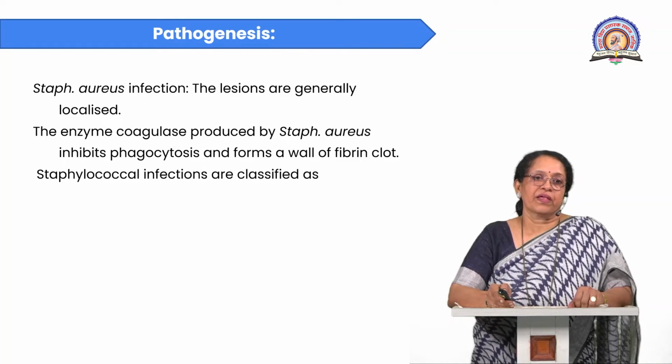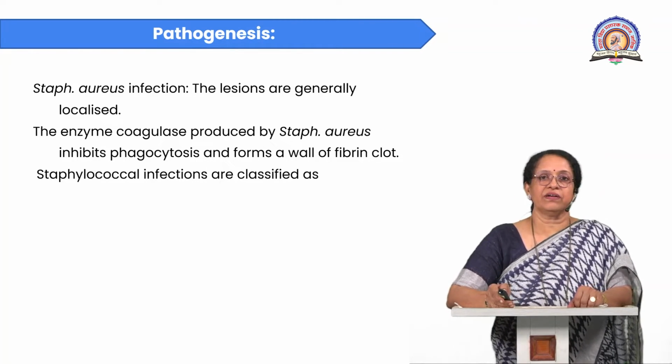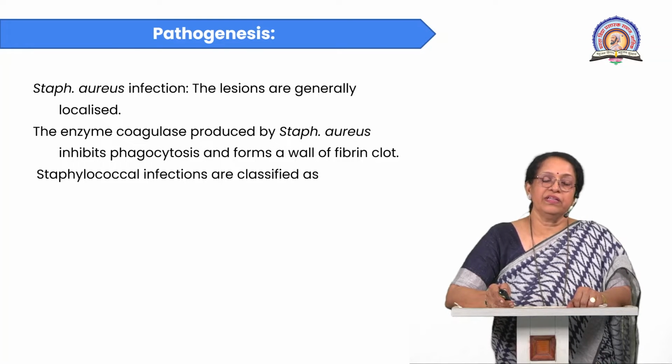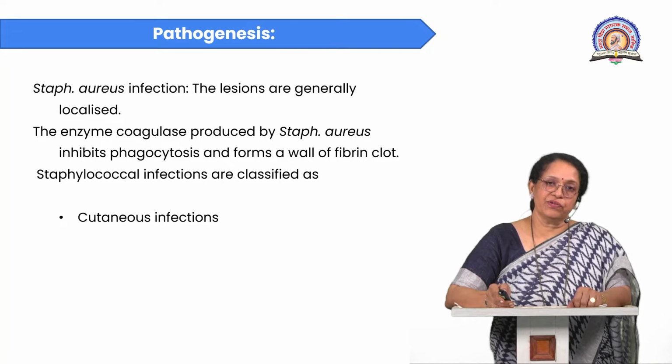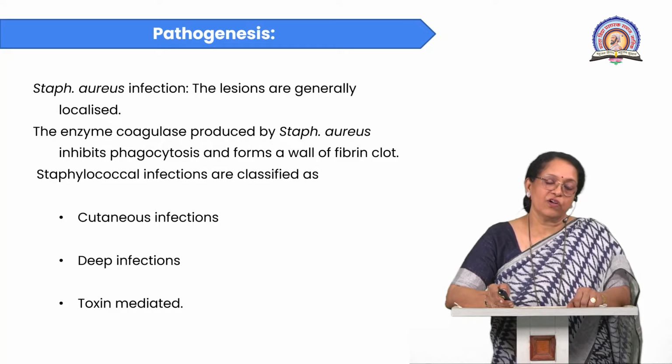The enzyme coagulase, the main and important virulence factor for this organism, inhibits phagocytosis and forms a wall of fibrin clot. Staphylococcal infection can be classified as cutaneous infection, and lastly, toxin.